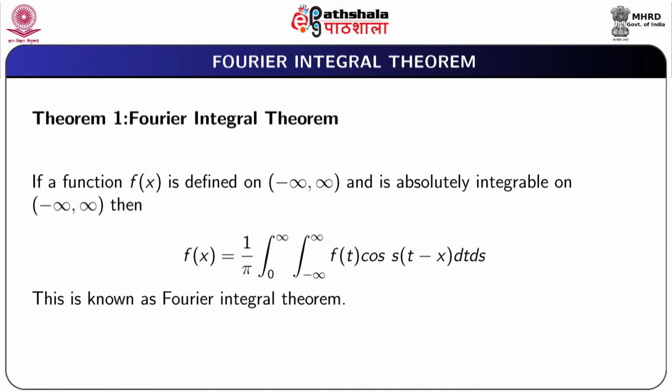It states that if a function f(x) is defined in the interval minus infinity to plus infinity and is absolutely integrable in minus infinity to plus infinity, then f(x) has the representation f(x) equal to 1 by pi integral 0 to infinity, integral minus infinity to plus infinity f(t) cos s(t minus x) dt ds. This is known as the Fourier integral theorem and is a very important theorem.